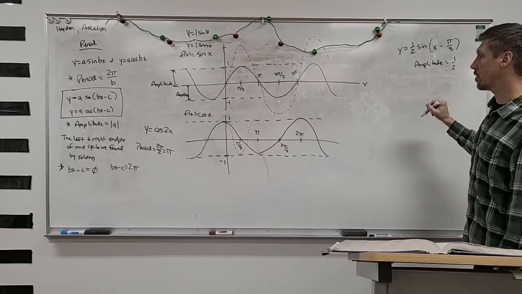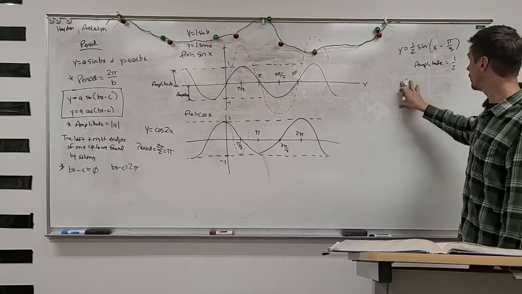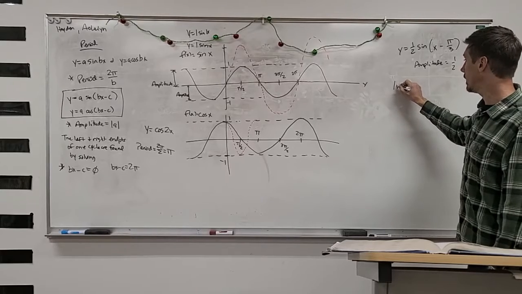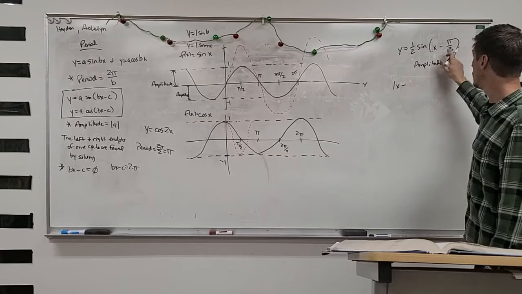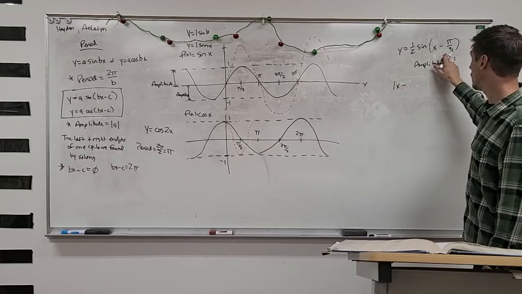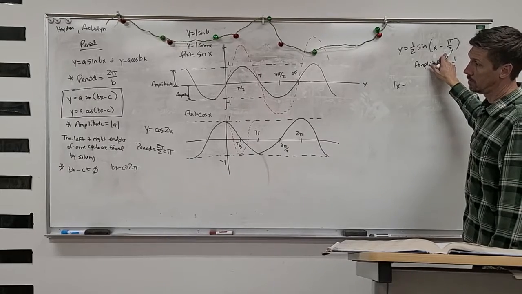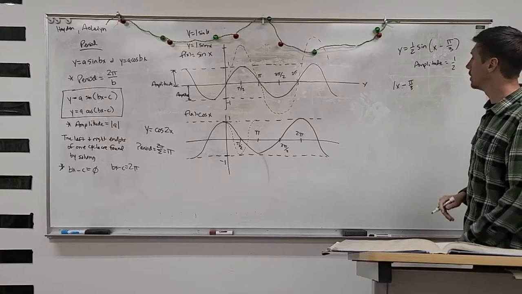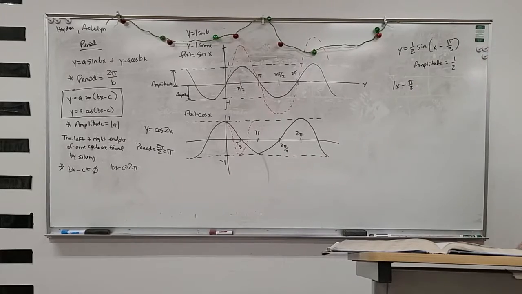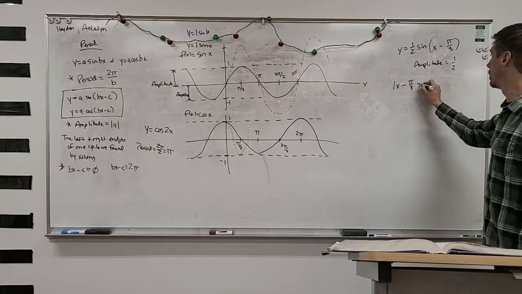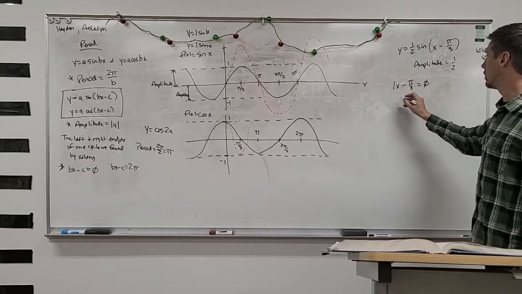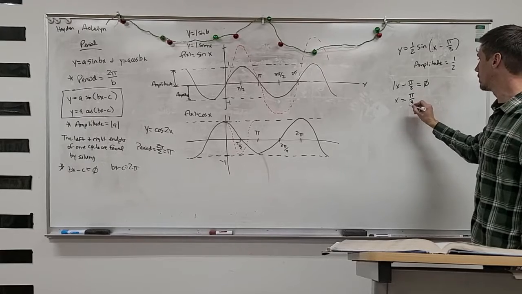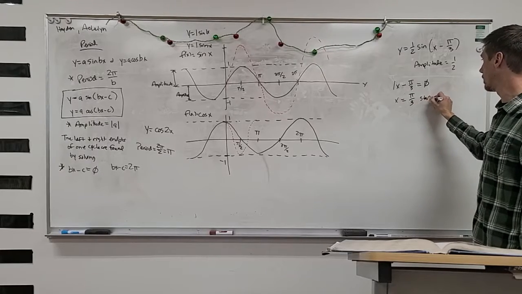But we do see that our starting and ending points are going to change, and we figure that out by saying bx minus c, which is 1x minus pi thirds, equals 0. And so when we solve that, we see that x equals pi thirds. That's our starting point.